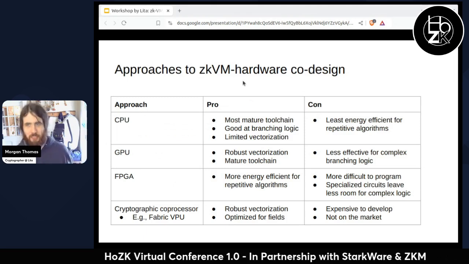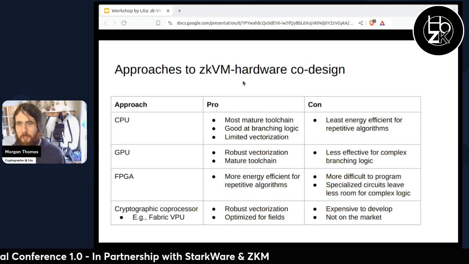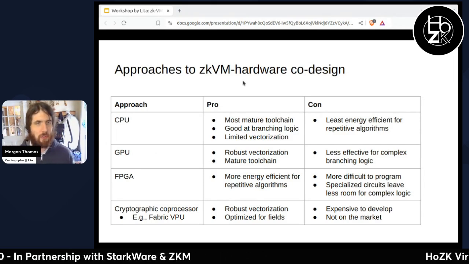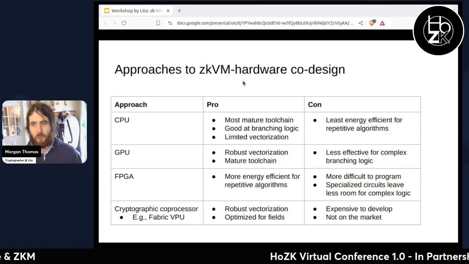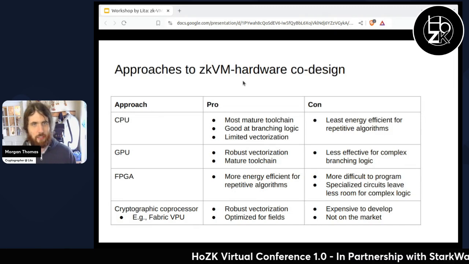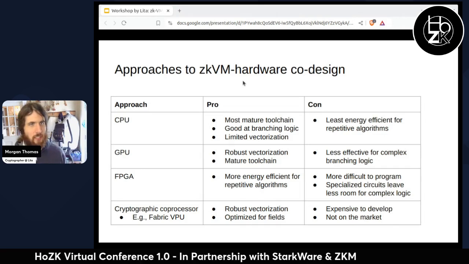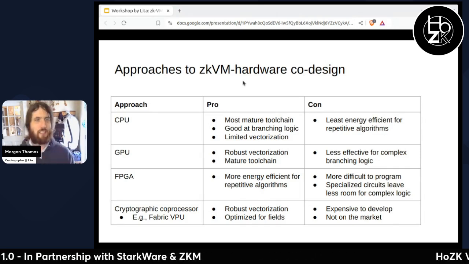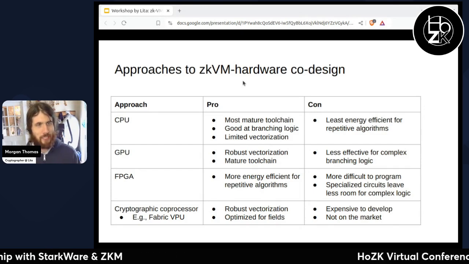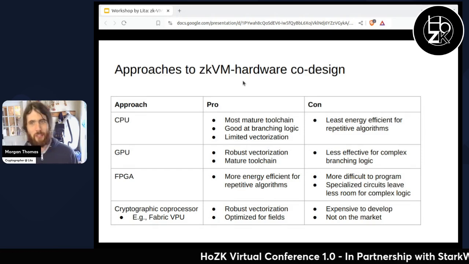So there are two different approaches we can take. We can run on CPUs or GPUs or FPGAs, or maybe in the future we can run on cryptographic coprocessors, and I'll go into each of these a bit more. Starting with CPUs, these are the central processing units. They're designed to be as versatile as possible.